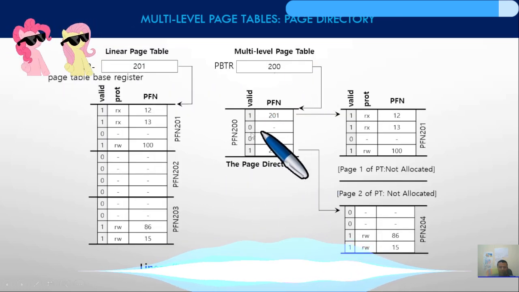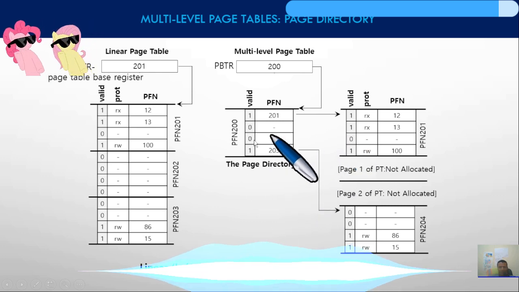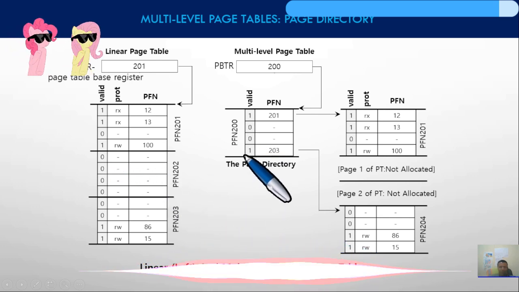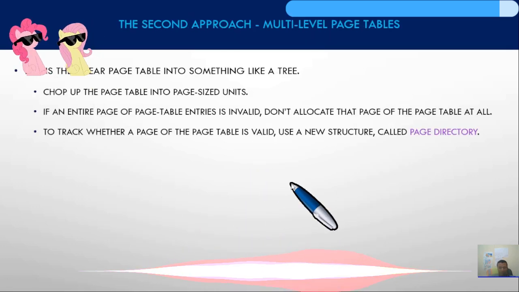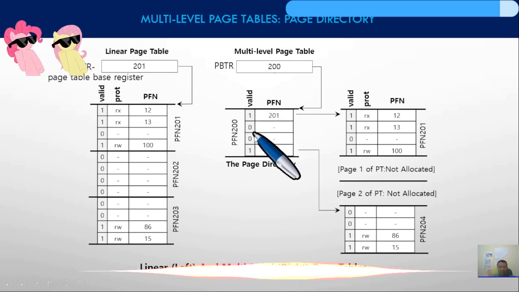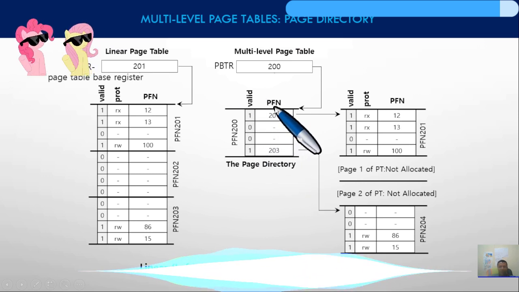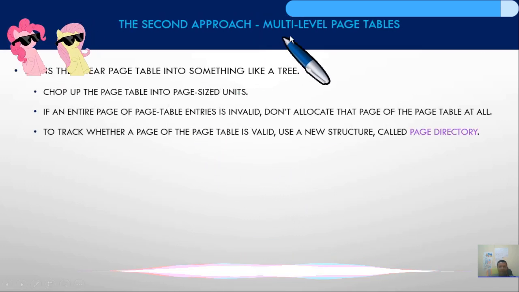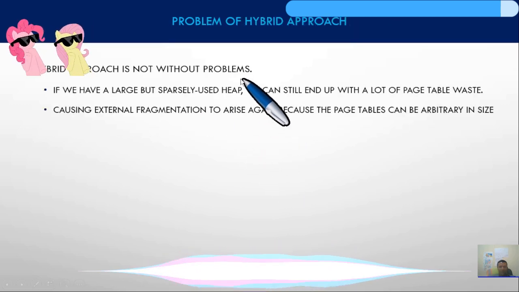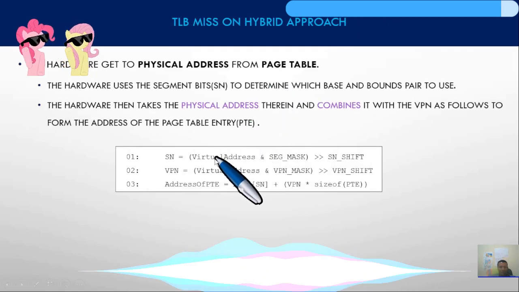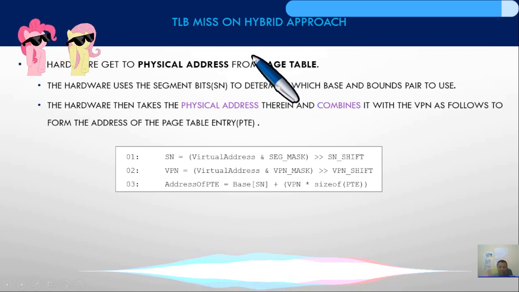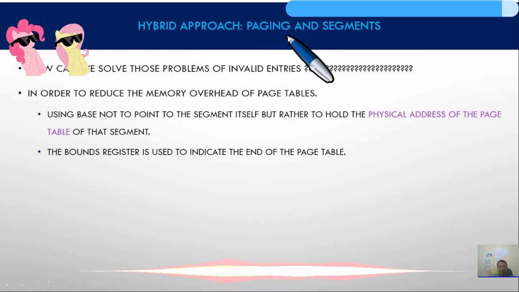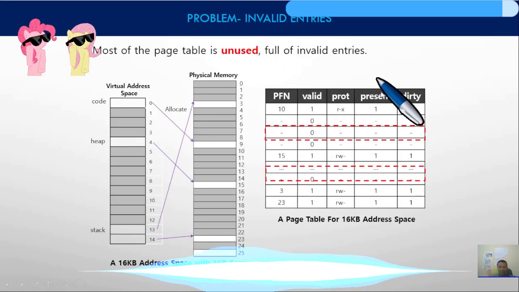We saw the concept of the page directory, used to alleviate the overhead and unused space, where only the valid bit and the page frame number are included. And multi-level, hybrid approaches and their problems, TLBs on hybrid approaches, a simple example of hybrid approaches, paging and segmentation, and invalid entries.